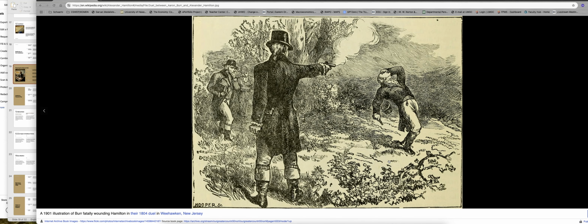Burr shot Alexander Hamilton, and this guy in the corner reacts. It actually turned out, the story I read was that Alexander Hamilton was really scared about this duel, but he felt obligated to do it. He dies in Weehawken, New Jersey.